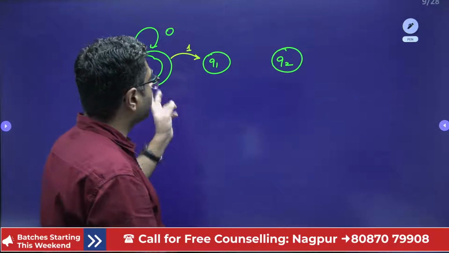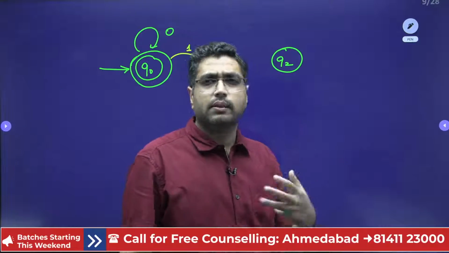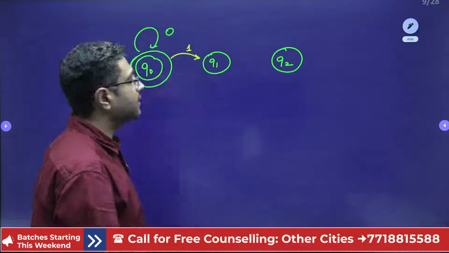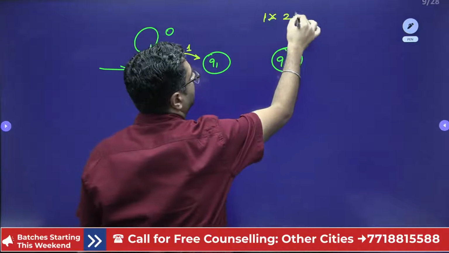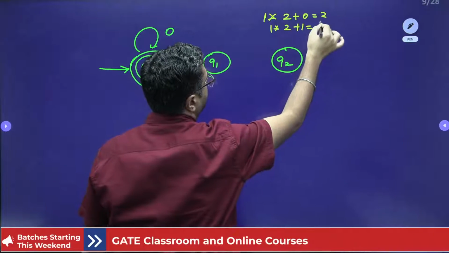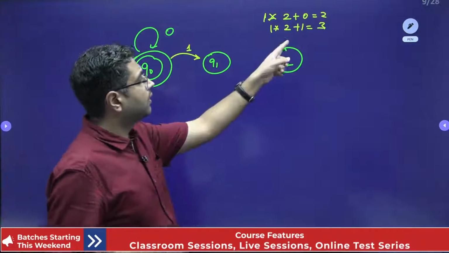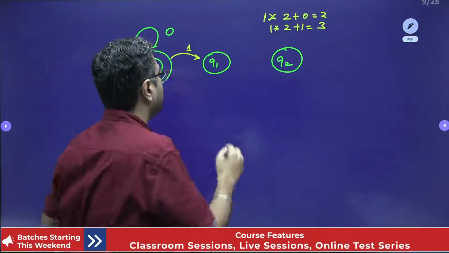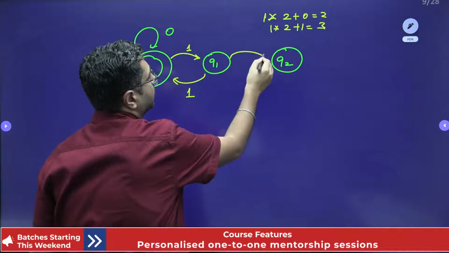Now after a 1 you have two possibilities: you can get either 1 0 or 1 1. 1 0 is nothing but 2, because 1 into 2 plus 0. And you may also get a 1, which is 1 into 2 plus 1, which equals 3. 3 is divisible by 3. So on 1 you will go back over here, on 0 you will go to Q2.